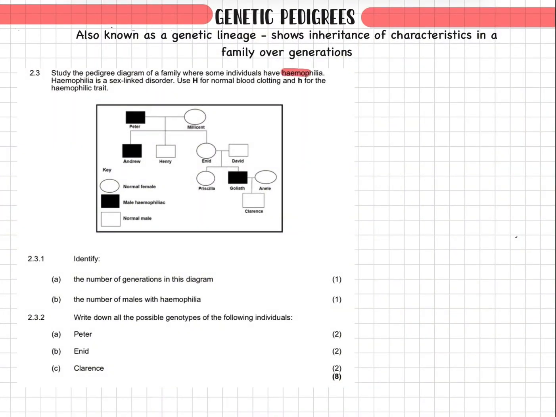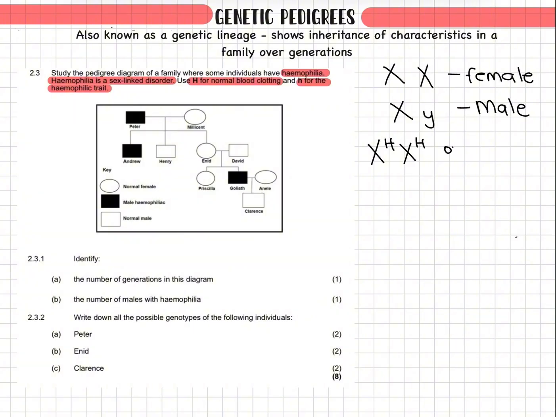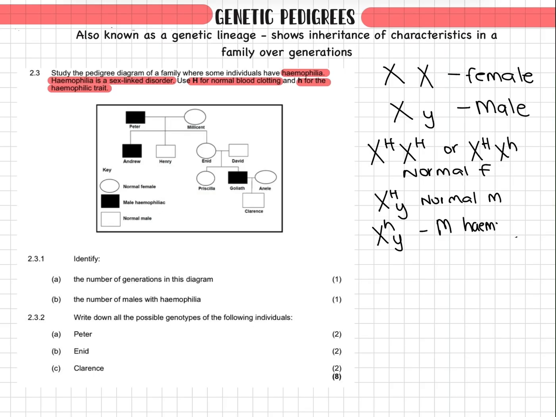It says study the diagram of a family where some individuals have hemophilia. We're told hemophilia is sex-linked. Hemophilia is carried on the X chromosome, so it means you need to identify the sex chromosomes, and males with hemophilia will have the recessive allele on their X chromosome, while those who are normal will have the dominant allele.